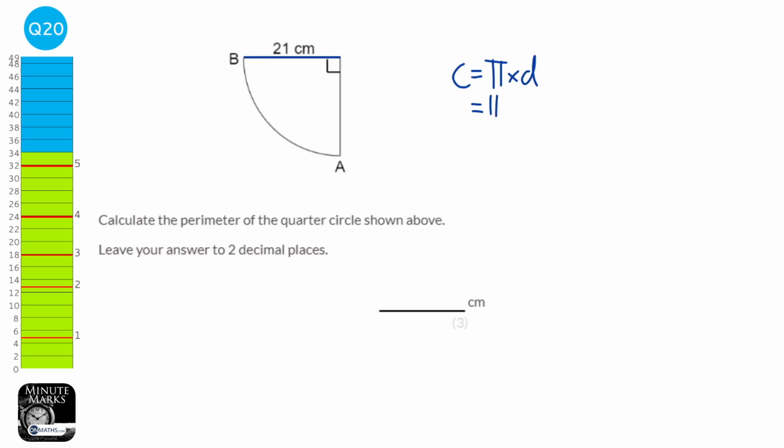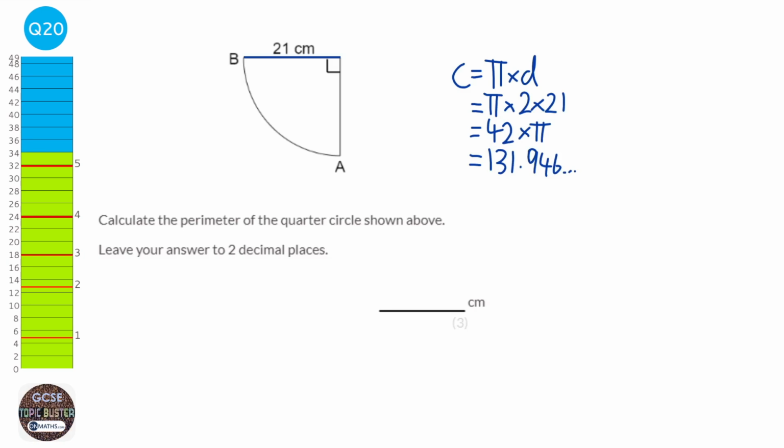So that's going to be pi times 2 lots of 21, which is going to be 42 times pi, which is going to be 131.946, blah, blah, blah. Now, we don't have a full circle here. We've got to work out what fraction of a circle we have. Well, we obviously have a quarter of a circle.